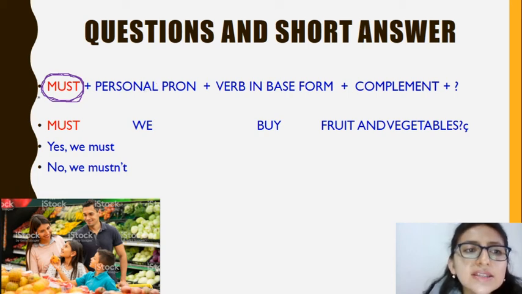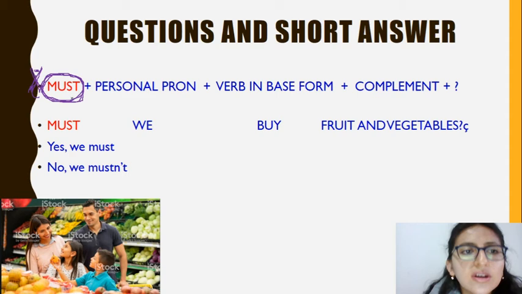Porque en el inglés no hay el signo de interrogación del principio. El auxiliar, el modal verb o lo que sea que esté primero para una pregunta es el signo de pregunta. En inglés, por esa razón, no existe el signo de pregunta al principio.